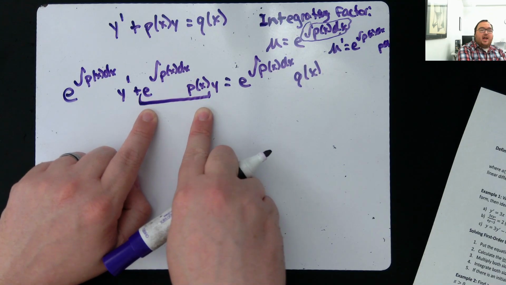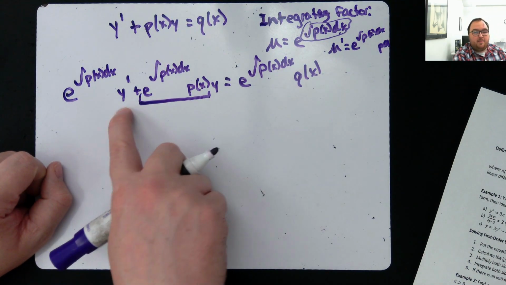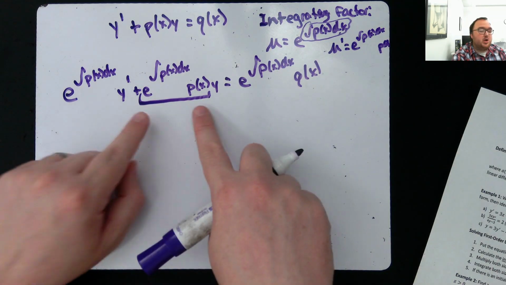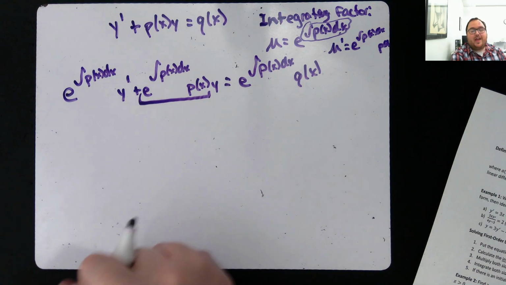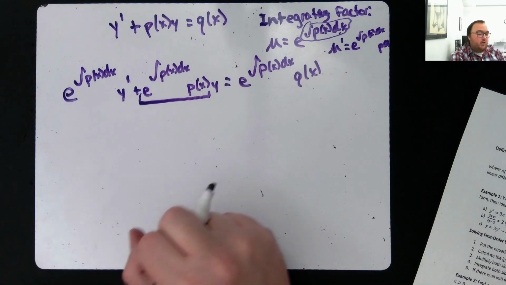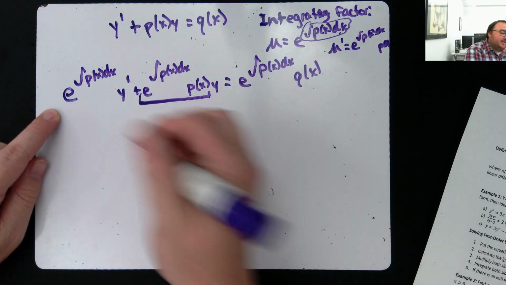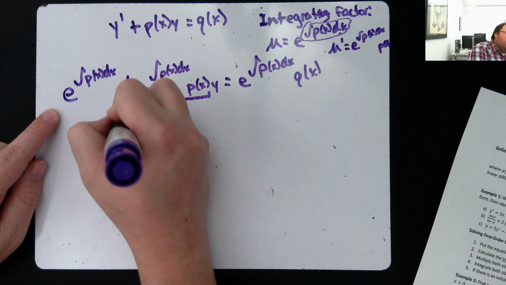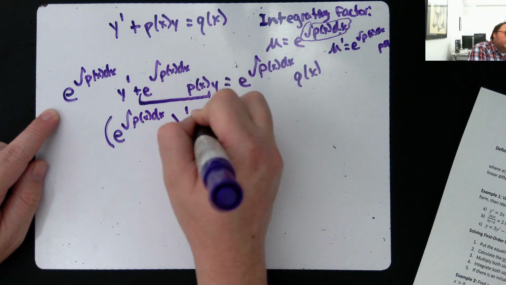So notice what I have on the left side is mu times y prime plus mu prime times y. That's the product rule. That is exactly the product rule. So on this left side, what this actually is is the derivative of mu times y.